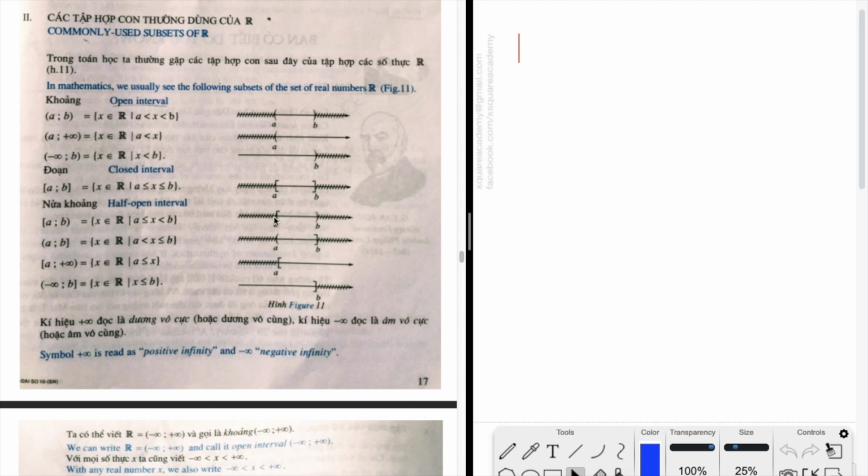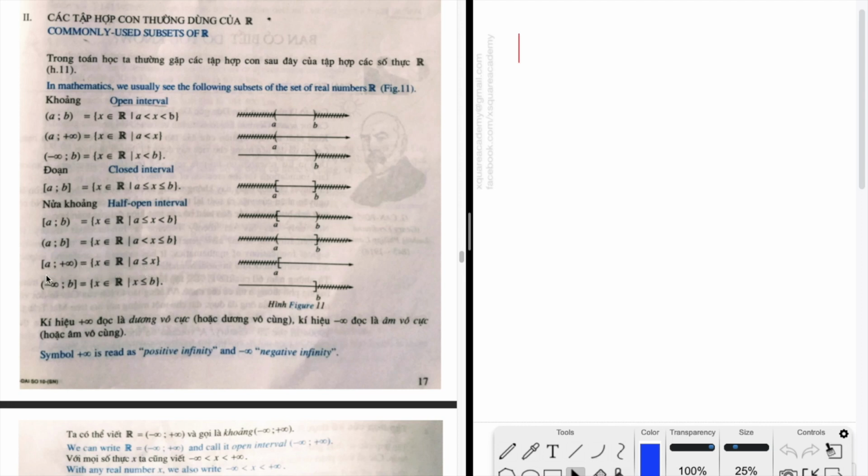You see, this is the opening square bracket and the closing parenthesis. However, this is the opposite: x greater than a and x less than or equal to b.